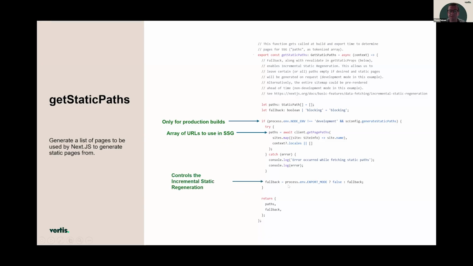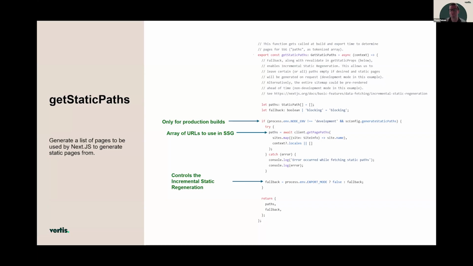And then this one is the fallback mode. As far as I know, only blocking is supported for this particular approach. But this is essentially controlling what Next.js should do with the URLs that are not included in your static paths array.